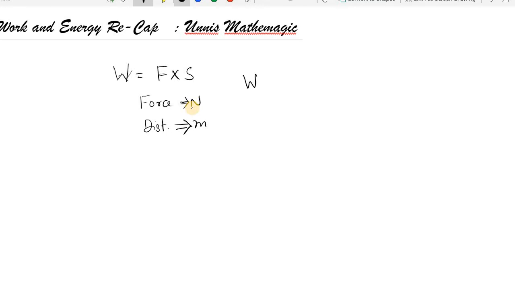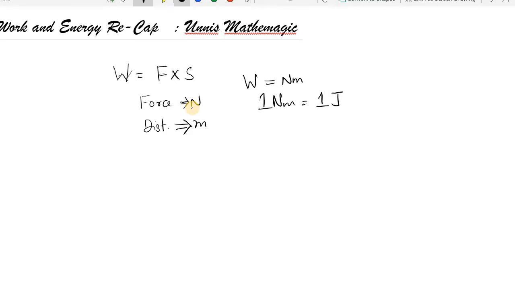So work done, the unit would be Newton meter, and 1 Newton meter equals 1 joule. So 1 joule of work is said to be done when 1 Newton force is applied on a body and makes it move 1 meter in the direction of the force.